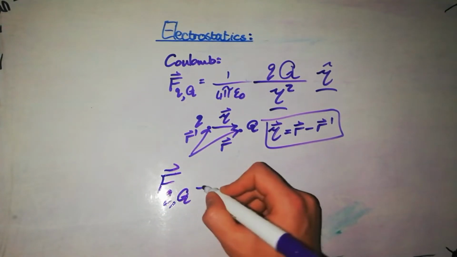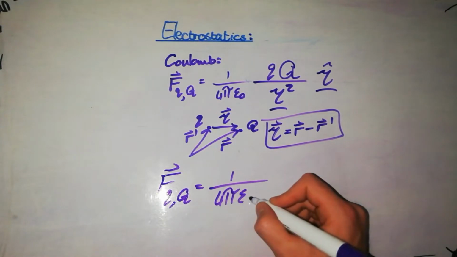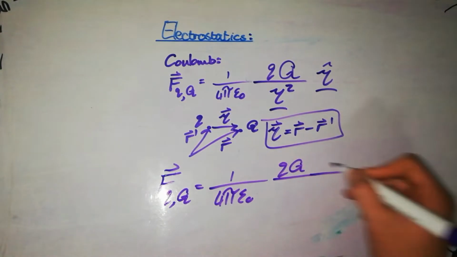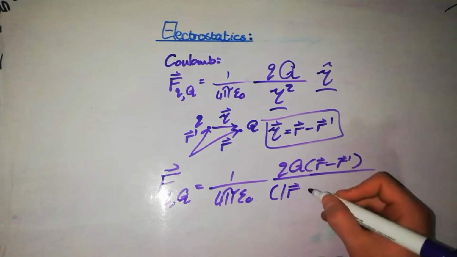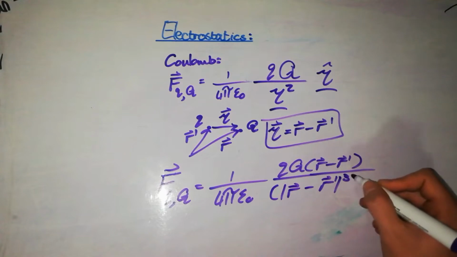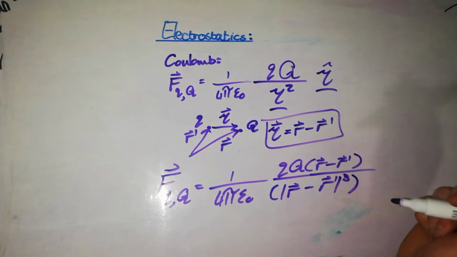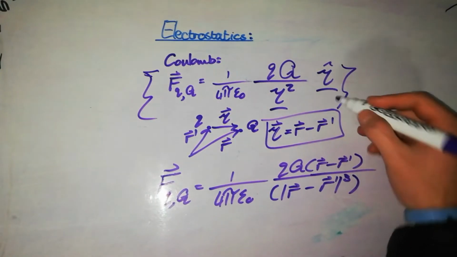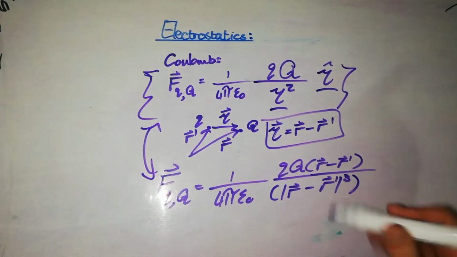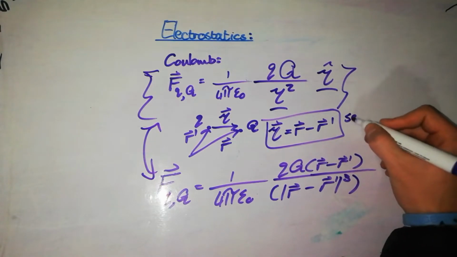So it can look like this as well. Everything stays the same, but you just rewrite this as follows. So this is another way you can interpret Coulomb's law, but normally we'll be working with this one. It's the prettier one, and they both actually mean the same thing, so no problem. At least you know this is just a separation vector.